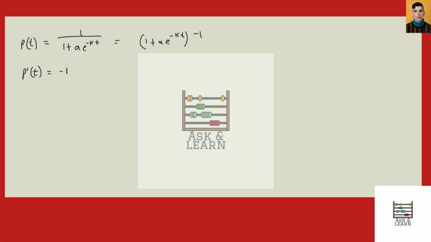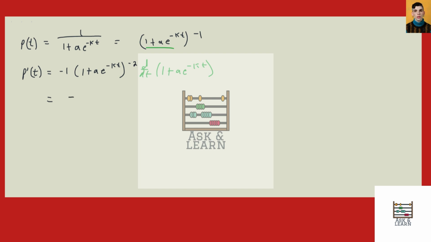So we're going to use power rule, -1 times 1 plus a e to the negative kt. Now this is going to be to the negative second power, since we subtract 1 off. And then we need to take the derivative of what was on the inside here, so d by dt of 1 plus a e to the negative kt. And now let's go ahead and start rewriting all this.